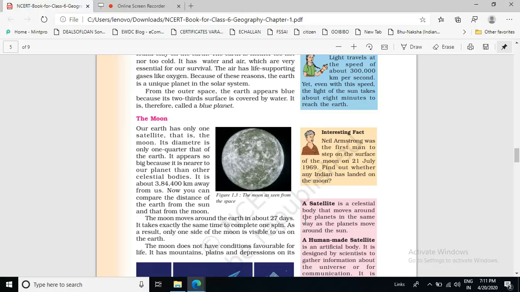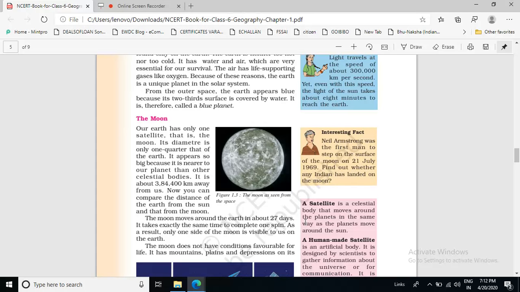So it takes 27 days to complete one round around the earth, and it also takes the same number of days, 27 days, to complete one round around its axis. It takes the same time in both movements, and because of this, only one side of the moon is visible to us.